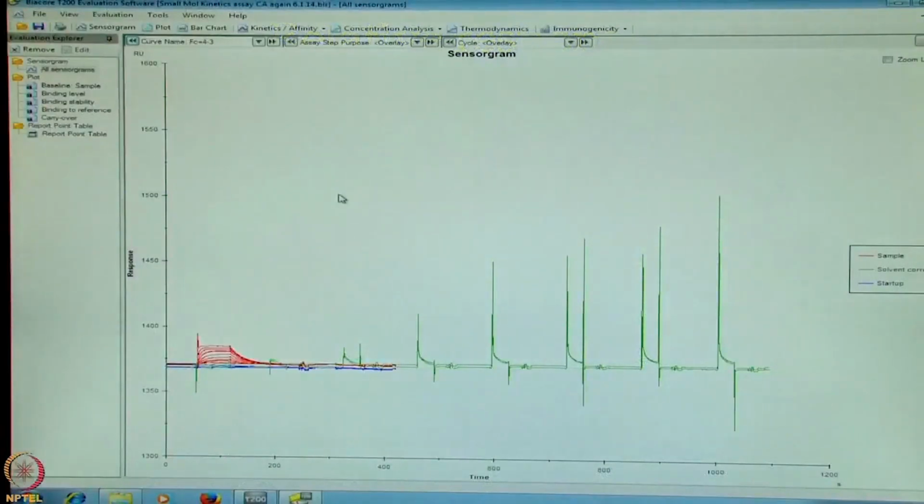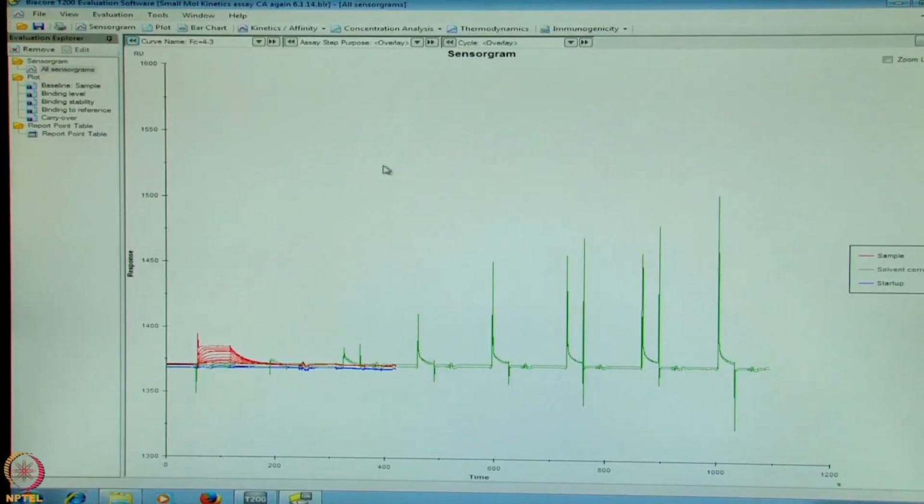Now we will look at the kinetic data generated from the interaction of carbonic anhydrase with furosemide. The data looks like this, with a sample, solvent correction and a startup.